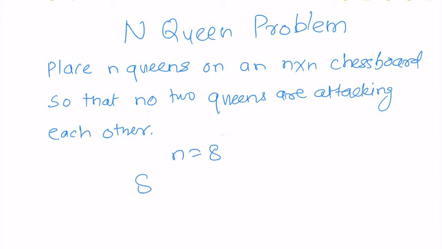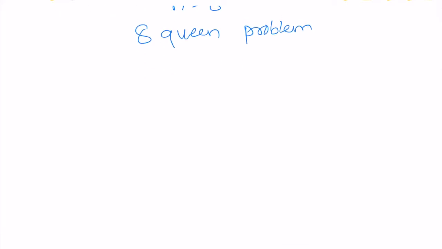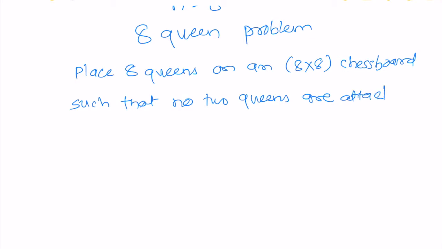Therefore it becomes the 8 queen problem, and the objective becomes to place 8 queens on an 8 by 8 chessboard such that no two queens are attacking each other. We took n equal to 8 because the standard chessboard is 8 by 8.